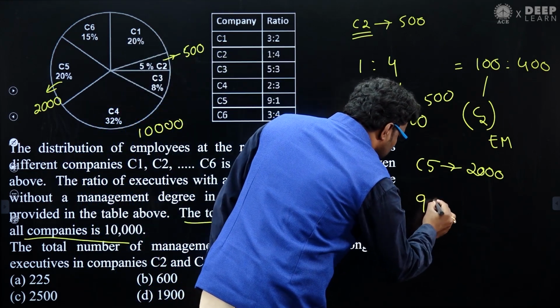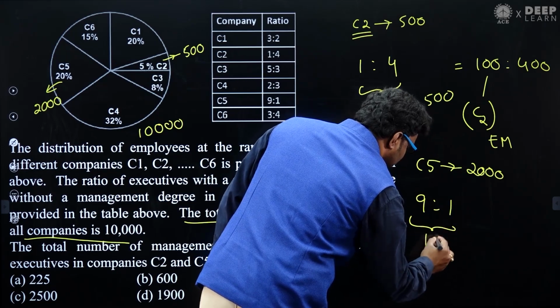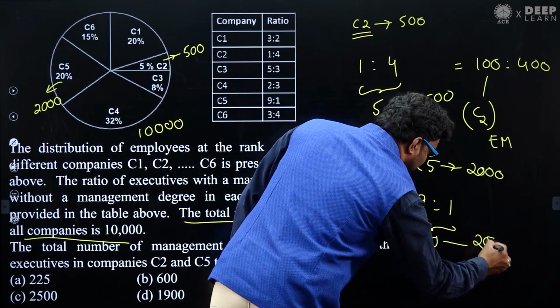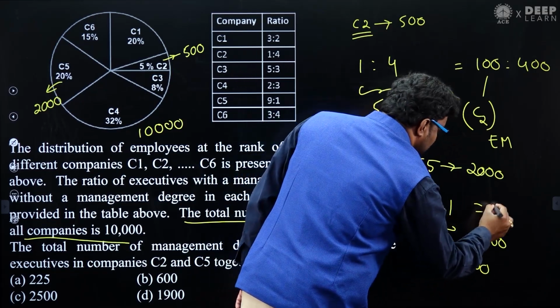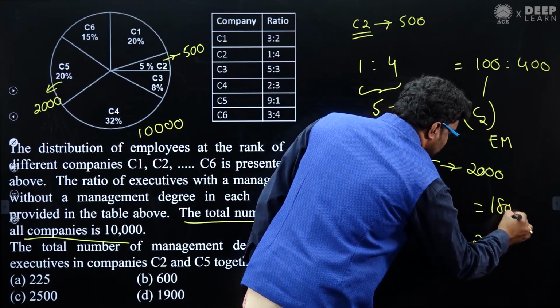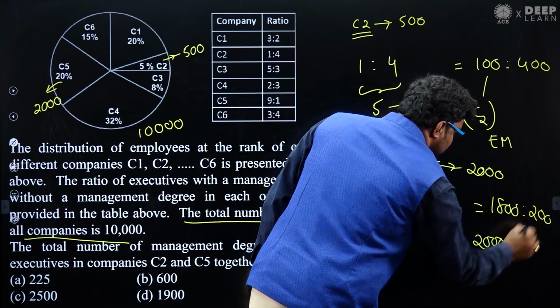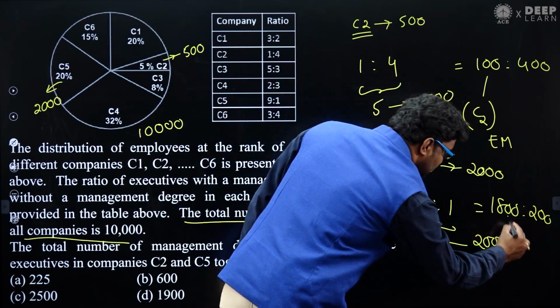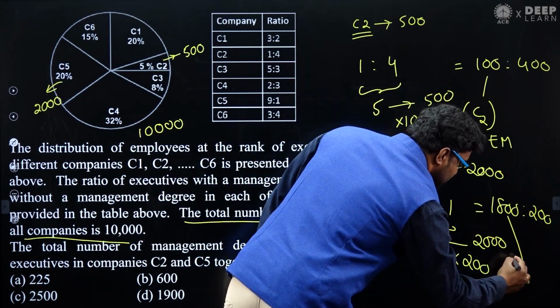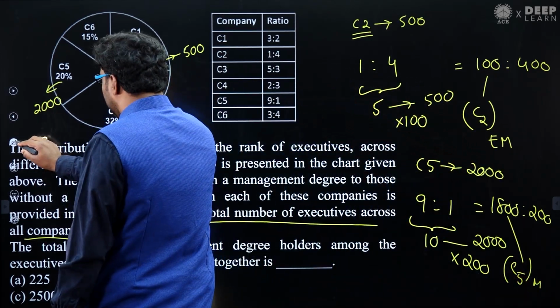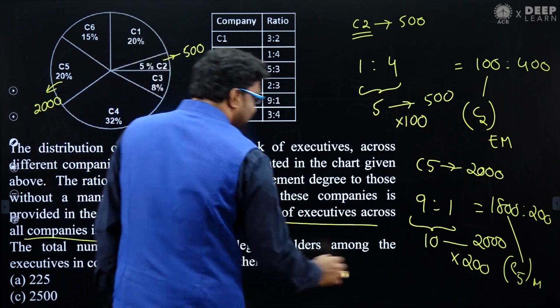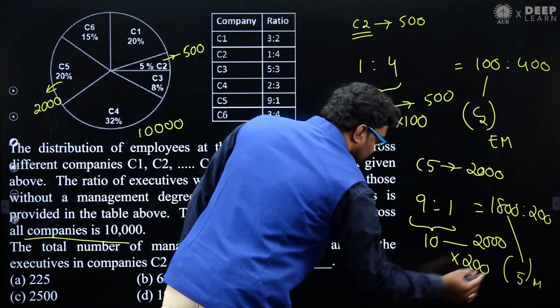So 9 plus 1 is 10, but you want 2000, so you should multiply by 200. Multiplying by 200, it becomes 1800 and 200. So 1800 is the number of executives in company 5 having a management degree.